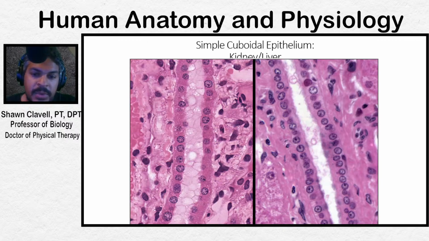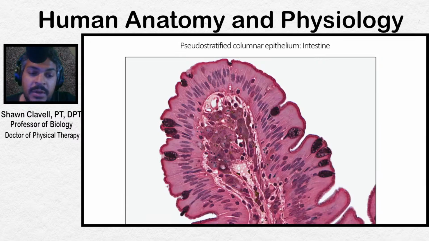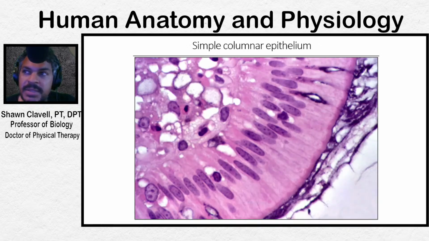And simple columnar epithelium, which looks very similar to pseudostratified columnar epithelium. So as you can see here, they both look fairly similar. So I'd take both of those in terms of the answer there. If you call it pseudostratified or simple, either one of those are probably acceptable.